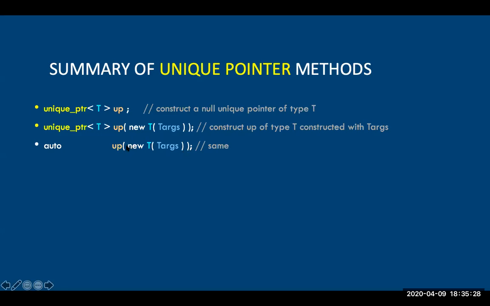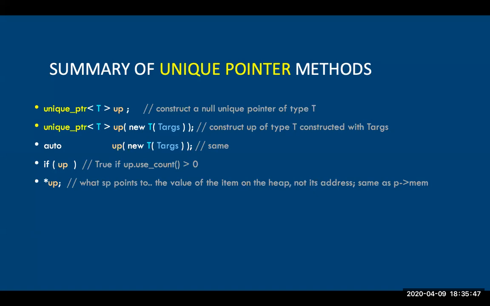That's the interesting thing. What you're doing here with new actually specifies what kind of unique pointer we're creating, and it gives auto an opportunity to figure all that stuff out by itself. So you could do it that way if you want as well. That can be a lot less intimidating. And then we can say, okay, if that unique pointer is actually pointing to something, then let's go ahead and print it out, right, using star up.